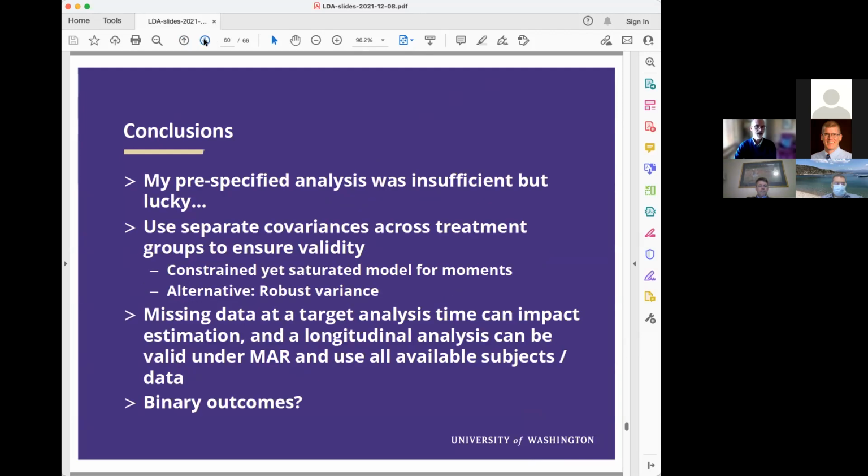And then the second half really talked about how my pre-specified analysis wasn't sufficient. I'd go back and do it differently, but I was lucky because it was that 50-50 spot. I think we should use separate covariances across treatment groups to ensure validity.